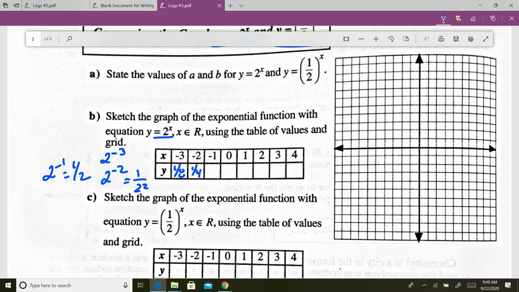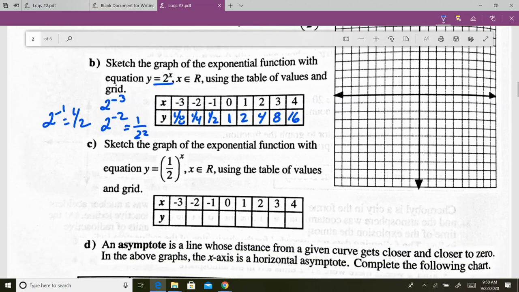You just flip it. What's 2 to the 0? 1. Anything to the 0 power is 1. What's 2 to the 1? 2. 2 to the 2? 4. 2 to the 3? 2 to the 4?